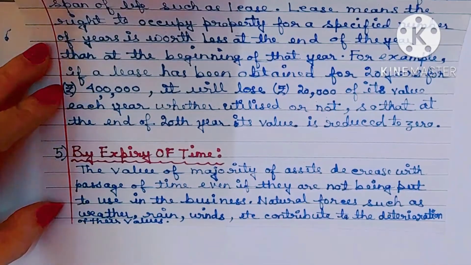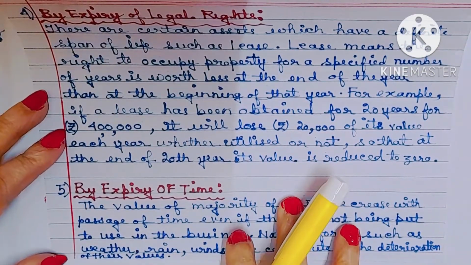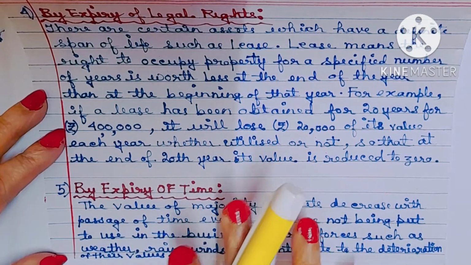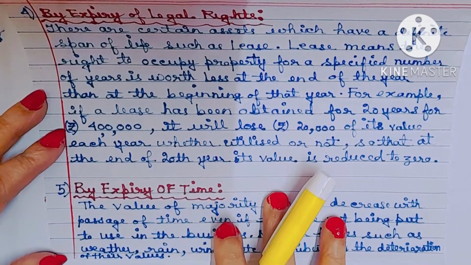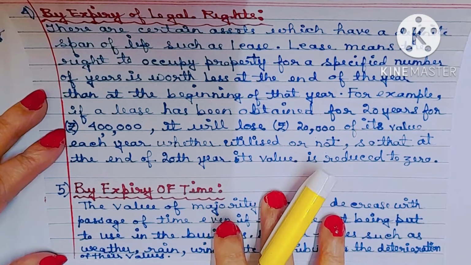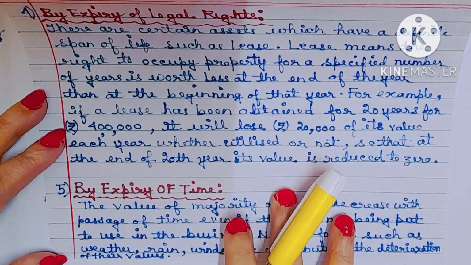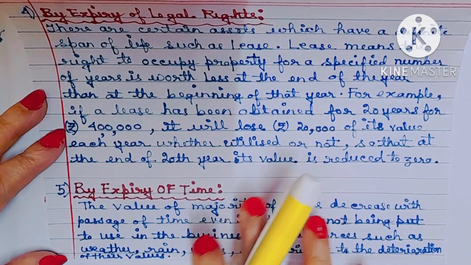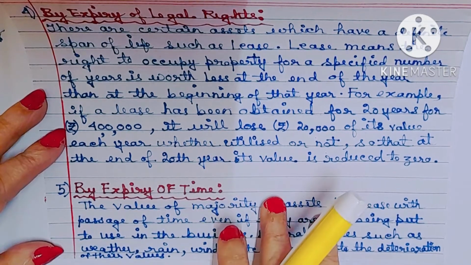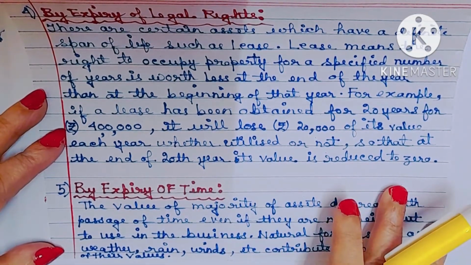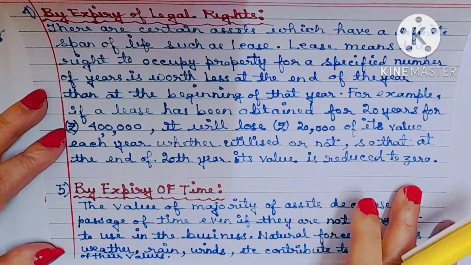Understood? Number 6, by accident. Sometimes a machine may be destroyed due to fire, flood, earthquakes. Okay? Or a vehicle or car can be damaged due to accidents also. So this is the 6th cause of depreciation.